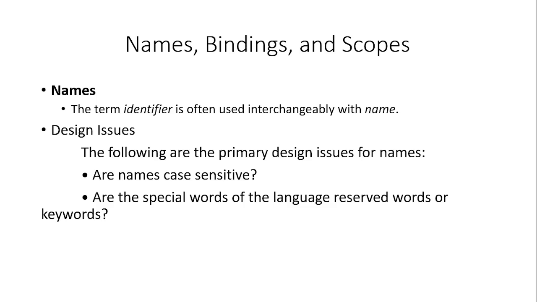And a variable can be characterized by a collection of properties or attributes. The most important characteristic is its type, and that is actually a fundamental concept in programming languages.